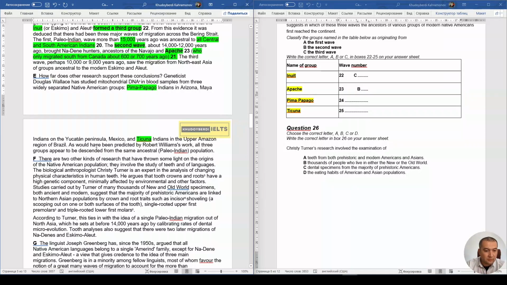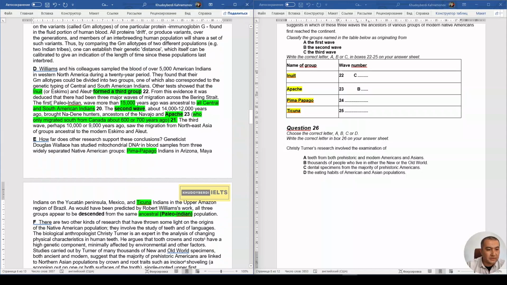As would have been predicted by Robert Williams' work, all three groups are descended from the same ancestral Paleo-Indian population, which means they are all considered descendants of the first Paleo-Indian population.